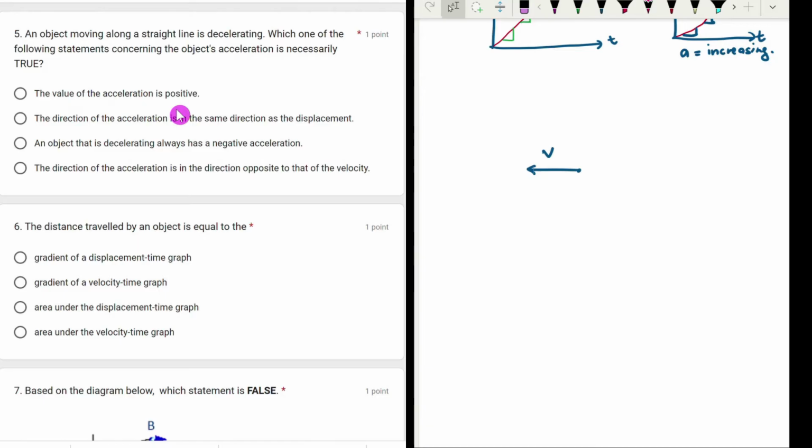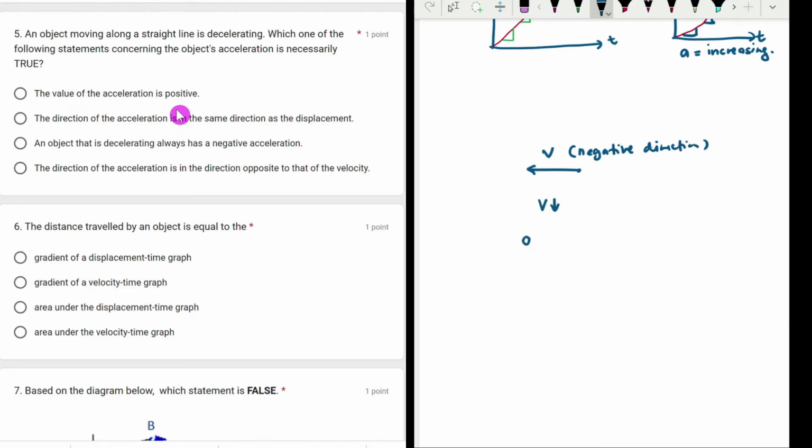So acceleration dia boleh jadi positif because V is to the left, so V dia akan jadi negative direction. Jadi kalau decelerating, that means V is decreasing.